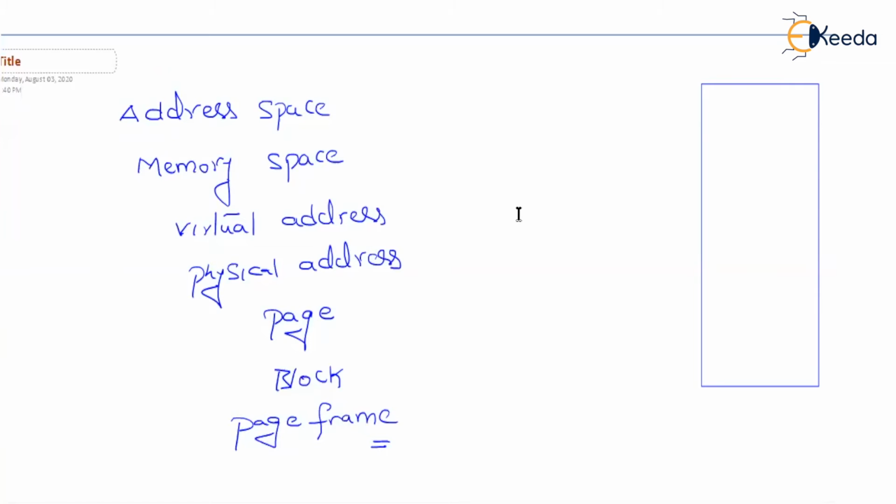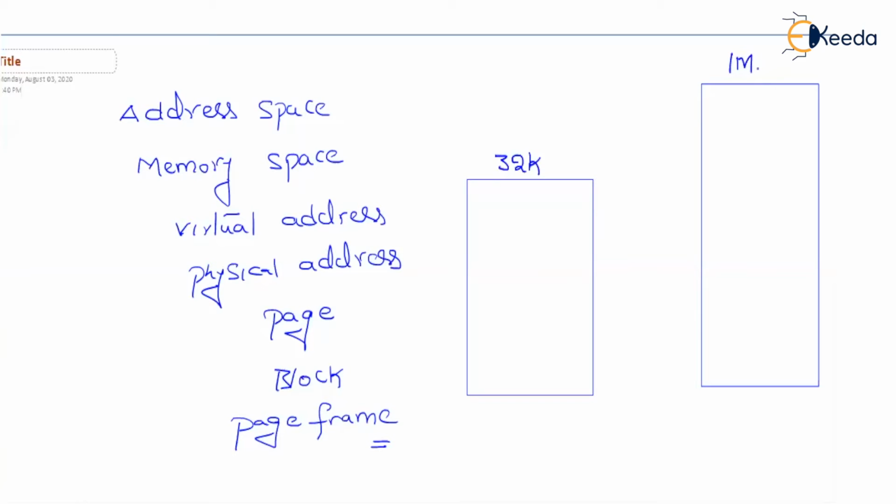Let me draw this. 32K primary memory and 1M secondary memory.